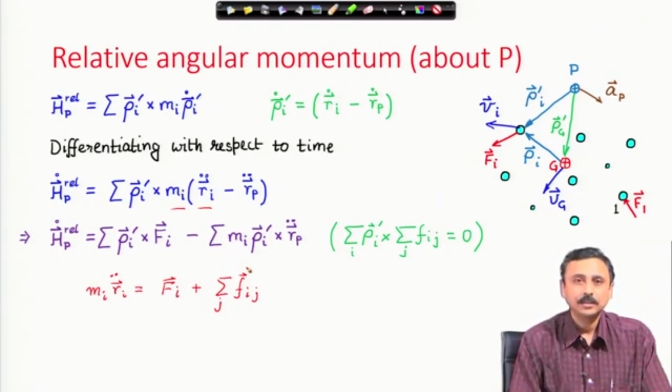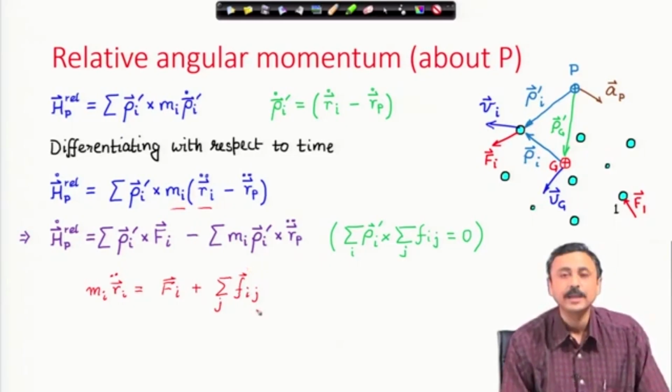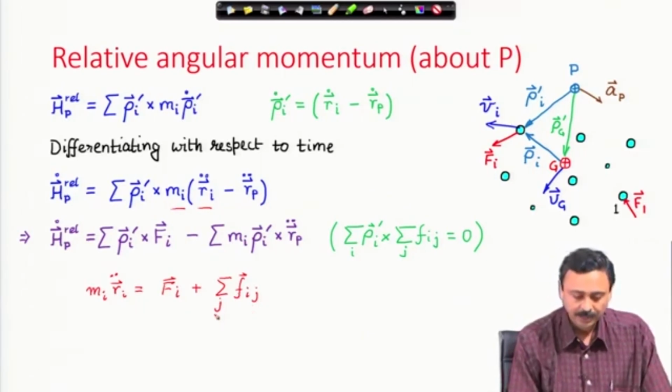Barring the ith particle, all other particles have some internal force contribution on the ith particle, indicated by F_ij, and I sum over j to get the net internal force on the ith particle.